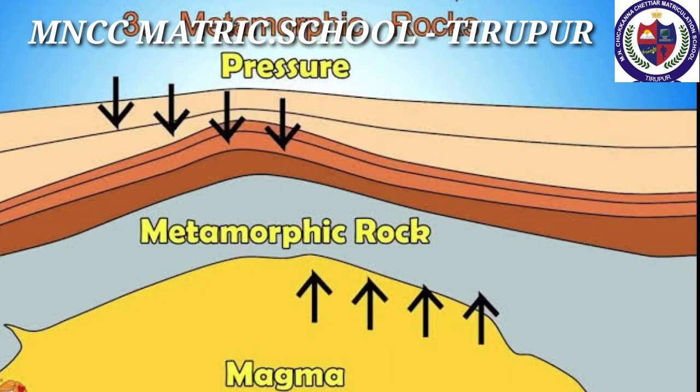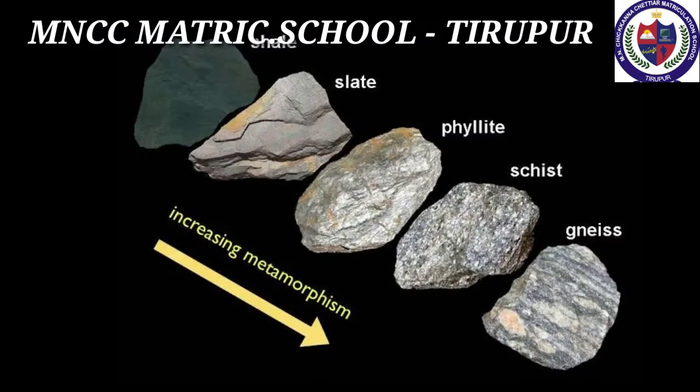Metamorphic rocks. When igneous and sedimentary rocks are subjected to high temperature and pressure, the original rocks get altered and form a new kind of rock called metamorphic rock. The word metamorphic is derived from two Greek words, meta and morpha. Meta means change and morpha means shape.